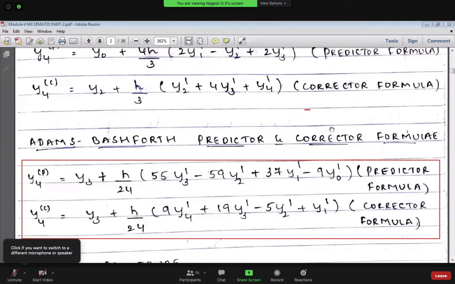This is the Adams-Bashforth predictor and corrector formula.